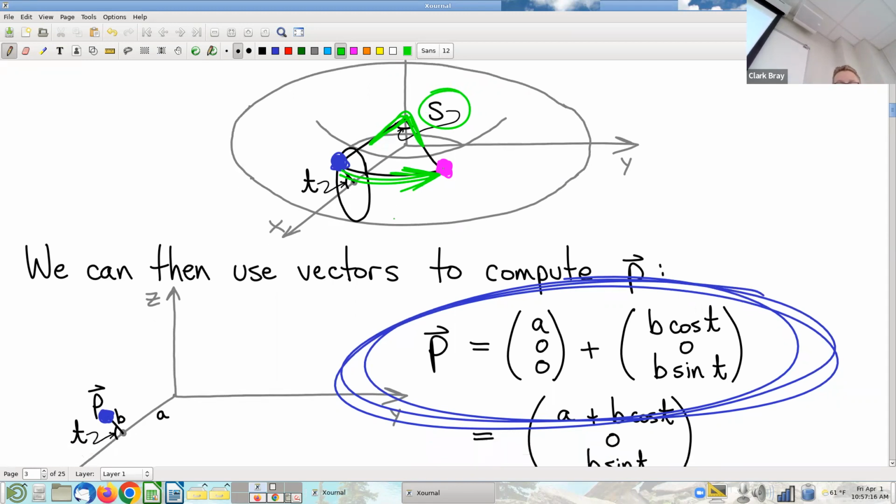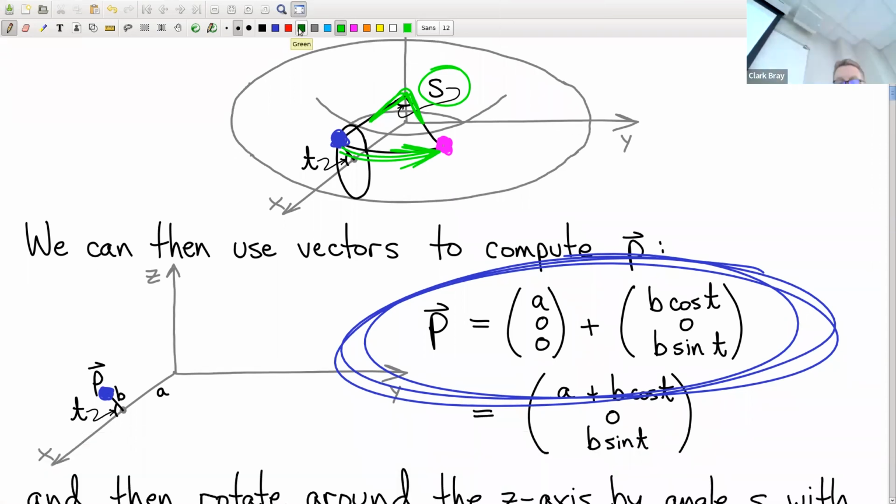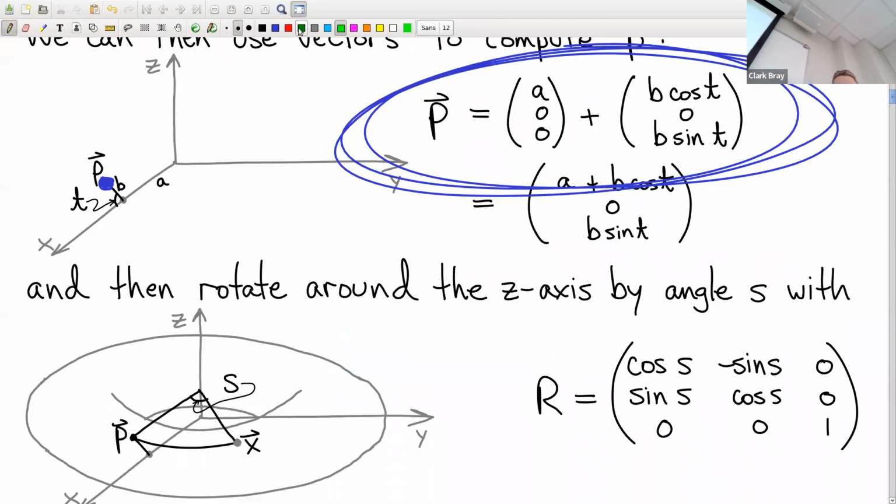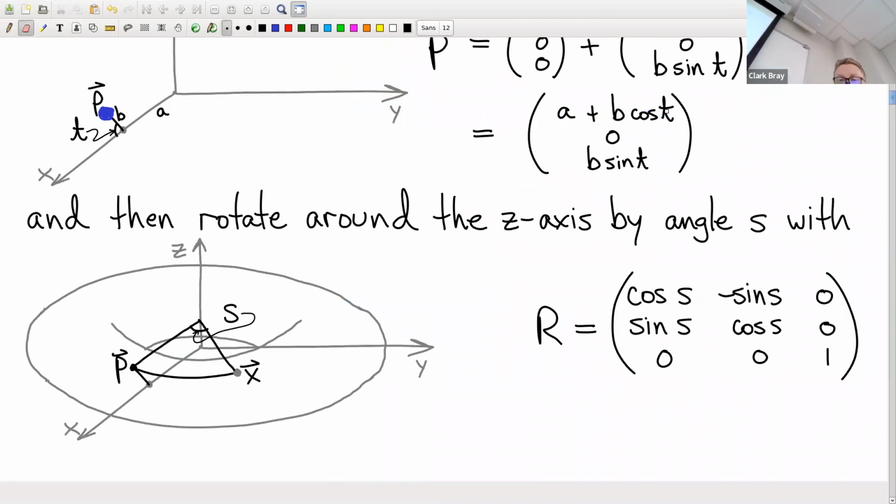Okay, so how do we do that rotation? And here's where we invoke some linear algebra. The rotation counterclockwise, you'll notice, around the z-axis. It's a linear algebra thing. Rotations are linear transformations. Linear transformations are represented by matrices.